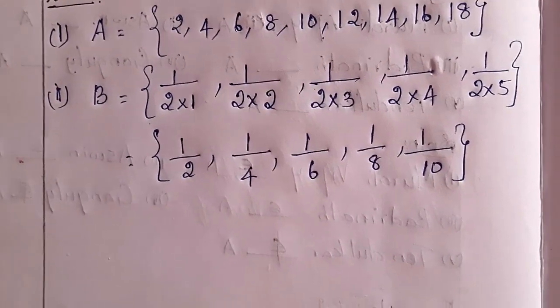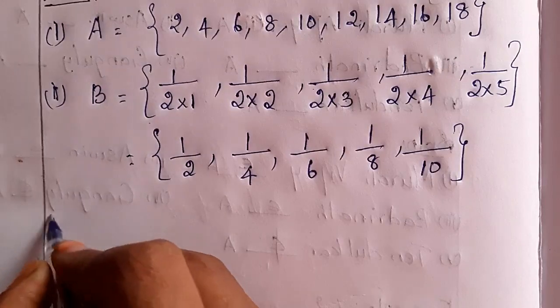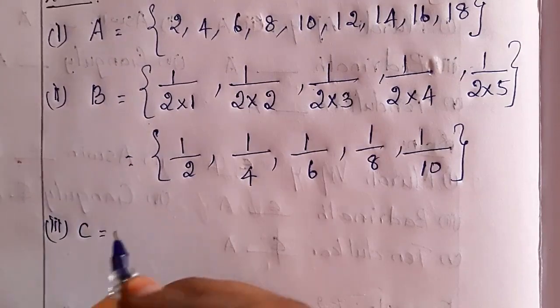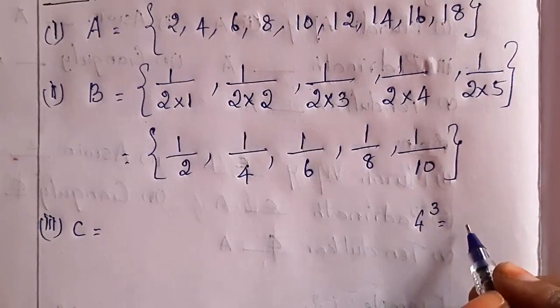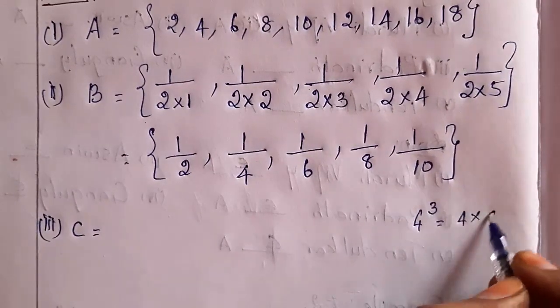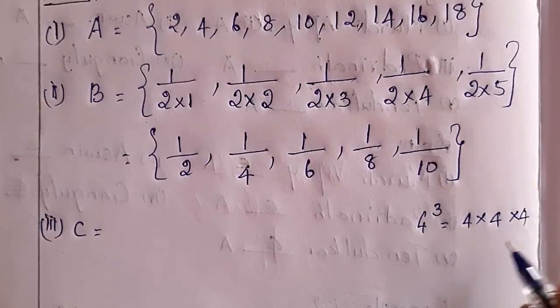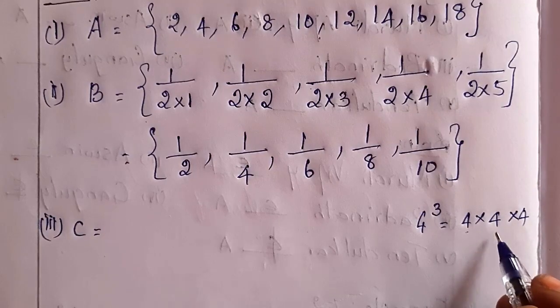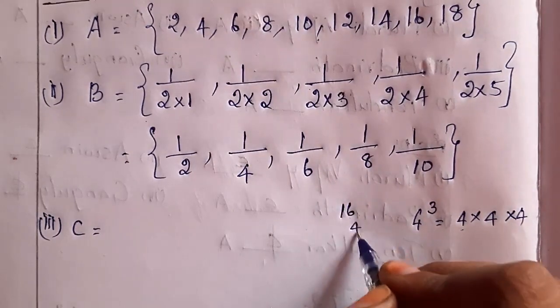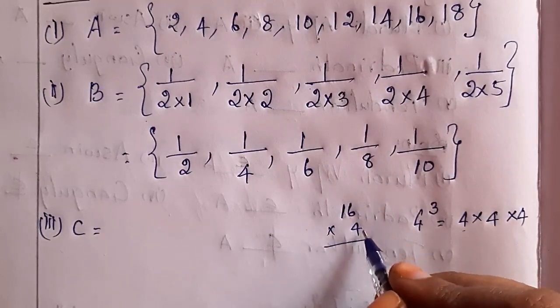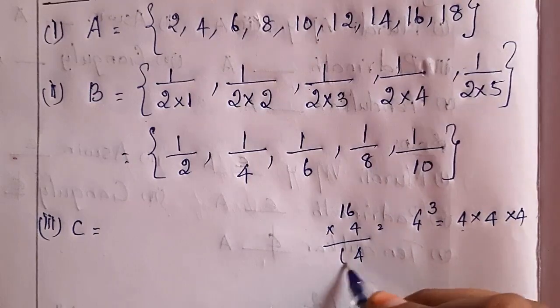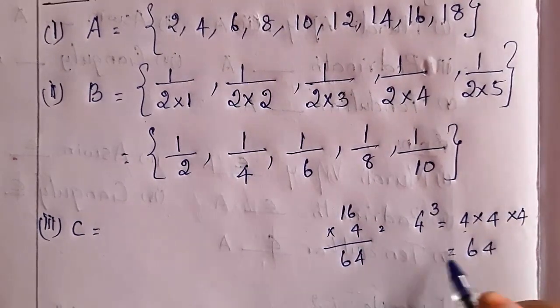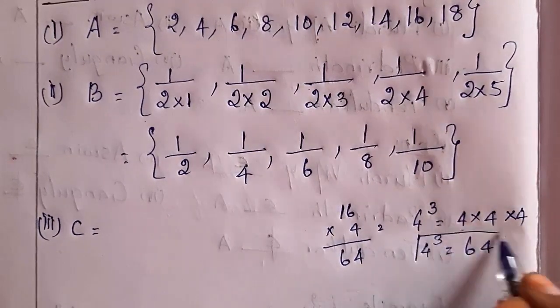So C I can write as: C equal to 4 cube value. How can you find 4 cube? 4 into 4 into 4. 4 4s are 16, 16 into 4, 6 4s are 24. So this 4 cube value is 64.